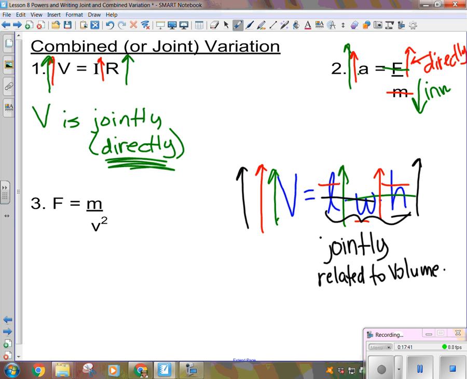Inversely. So what I'm saying to you is A is directly related to M, or excuse me, to F, but A is what? Inversely related to M. So you can be both. That's what we call combined. You can actually have an "and." There can be more than one letter.